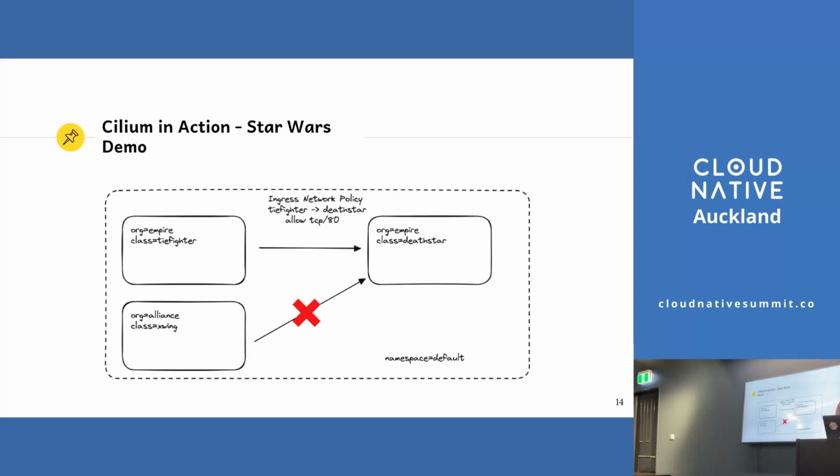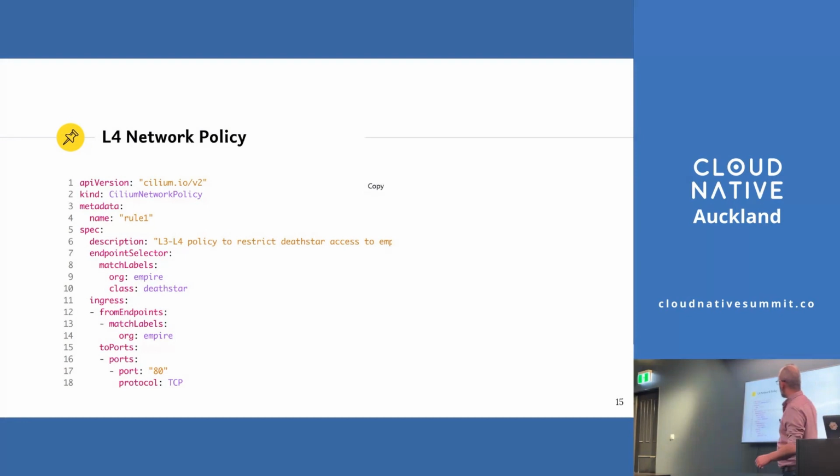This is the policy that I just applied. The policy is saying if the traffic is coming in to the service Death Star from an org empire on port 80, it's allowed. Anything else is implicitly denied.